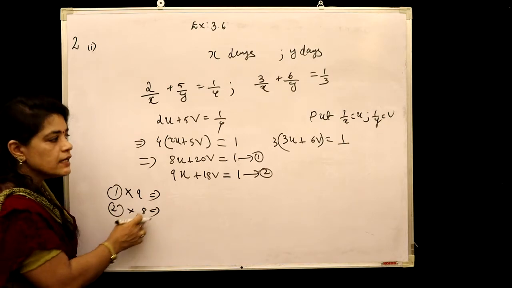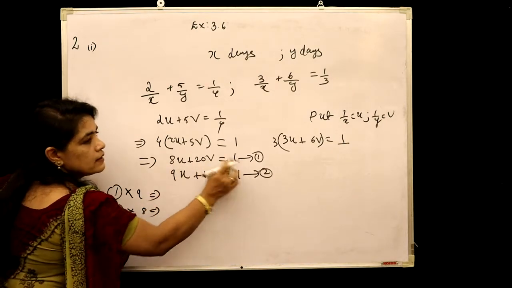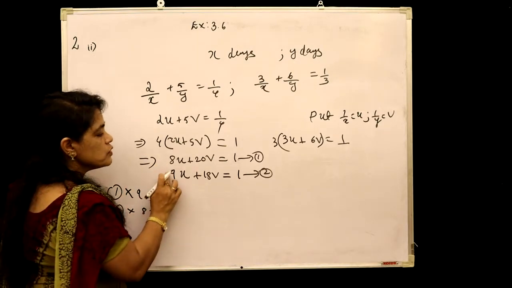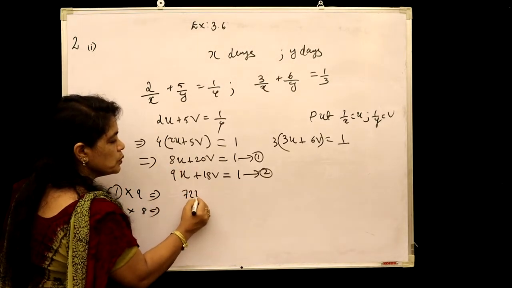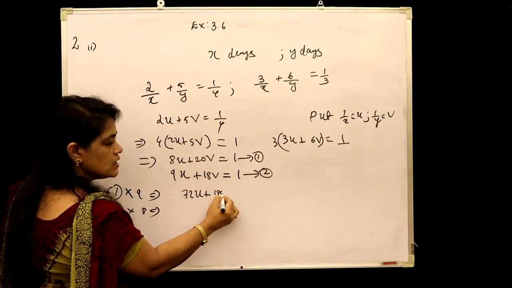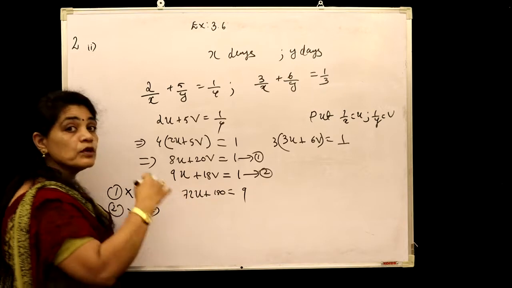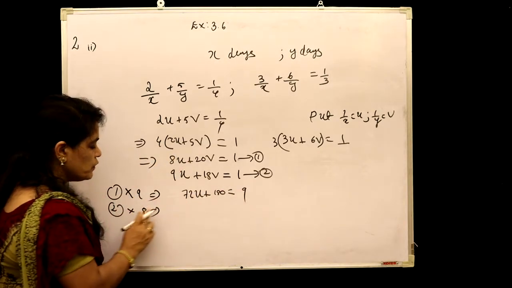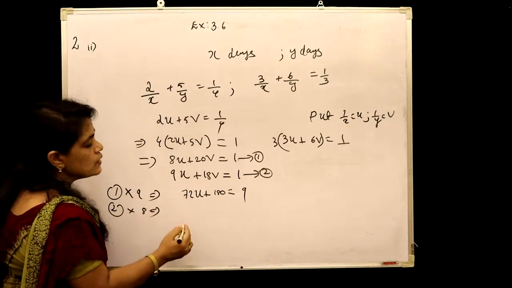What happens, children, if you multiply equation 1 by 9? We have to multiply each term. So 9 8s are 72u plus 9 into 20 is 180v is equal to 9, both LHS and RHS.